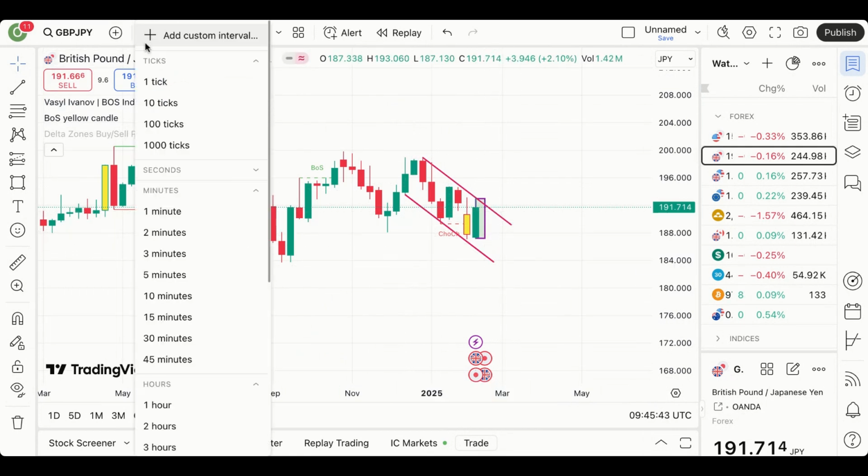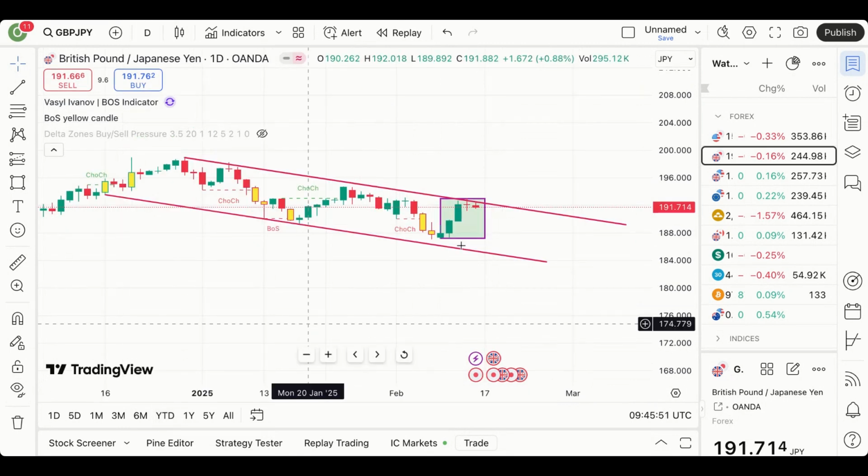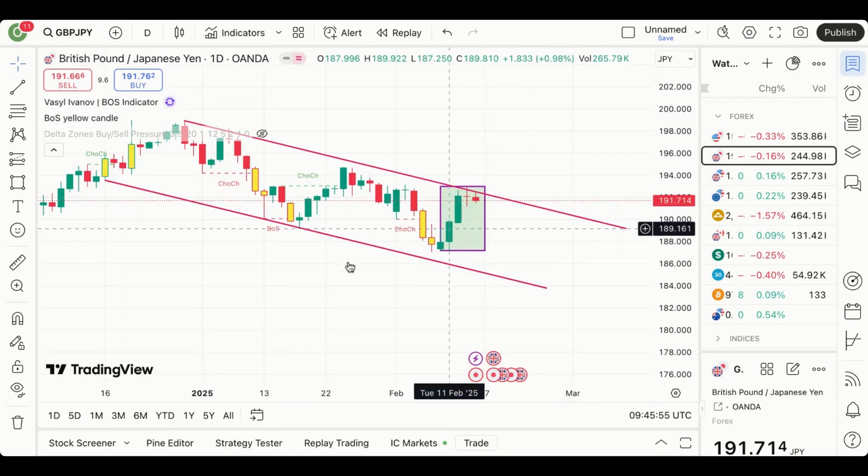Then when you go to a daily candle, because of this one candle here, you could see that it is bullish. Then let's go to the daily candle. You can see the daily candle here.